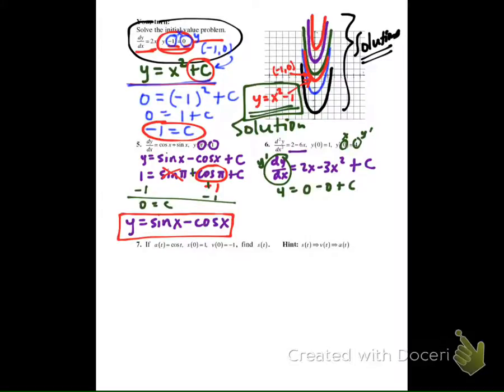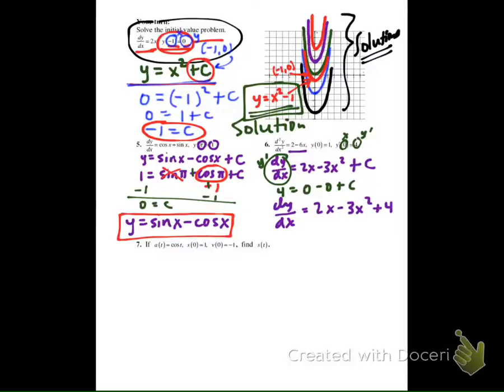And so therefore we get, what should we do that in purple? We would get dy dx is equal to, what did we say, 2x minus 3x squared plus 4. Okay, we're going to need a little bit more room down here, so let me white out some of that stuff.